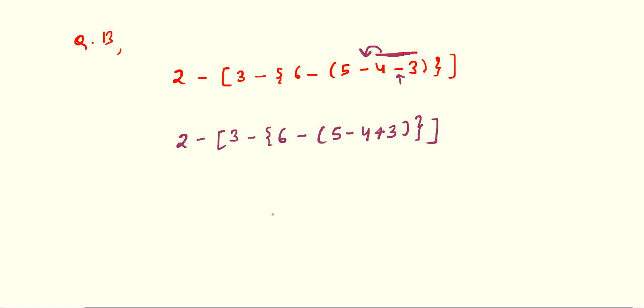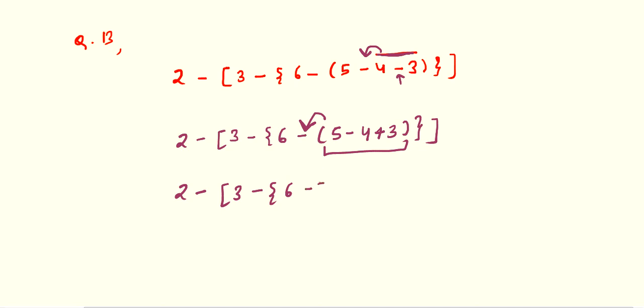Already in this video or in the previous video I explained how to solve questions and how to remove brackets. So now 2 minus, in bracket 3 minus curly bracket 6. Now before this bracket we have a negative sign, and as you know this negative sign will cause a change inside that bracket.